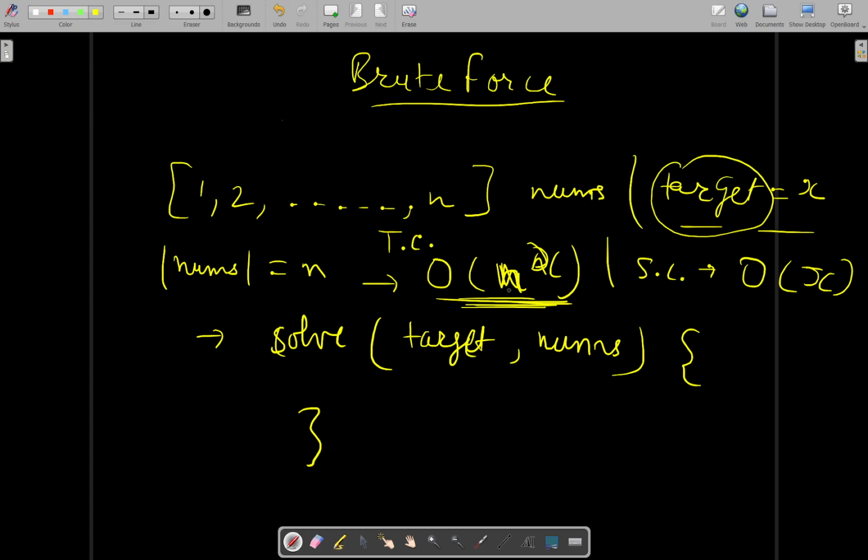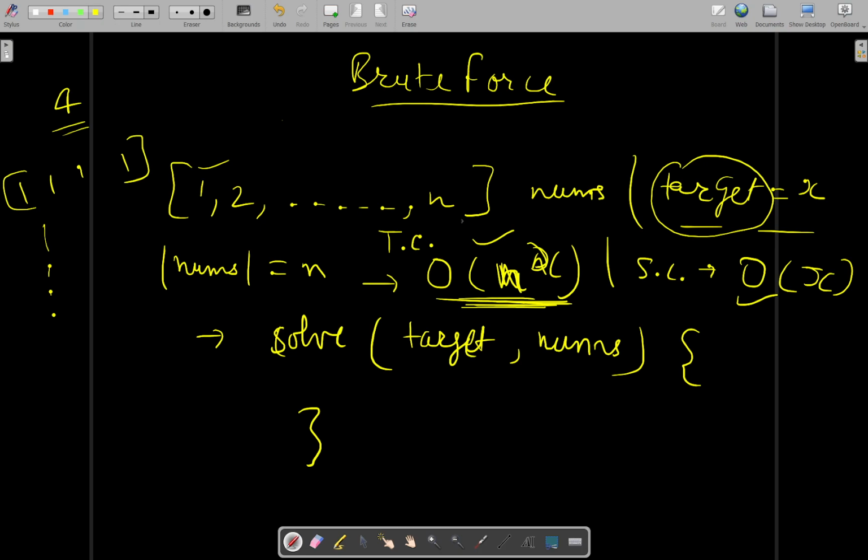So you may ask when this will happen. If, let's say, the target is given to me as 4 and there is 1 present in the nums array, then it can be like this, and so on we can continue. So this will be the upper bound of time complexity, and this will be the space complexity.